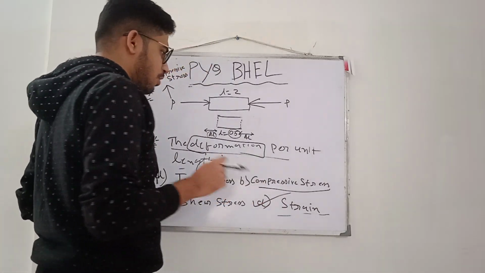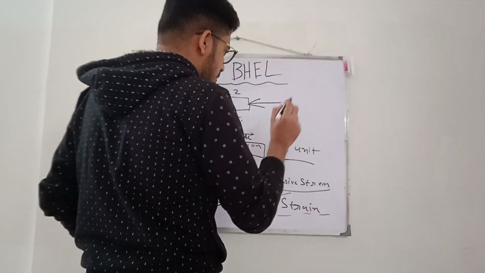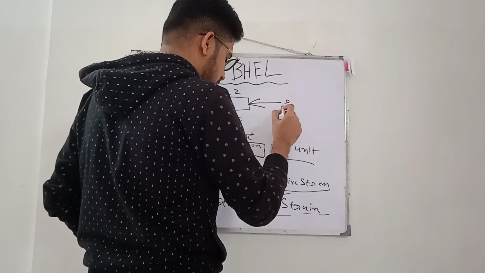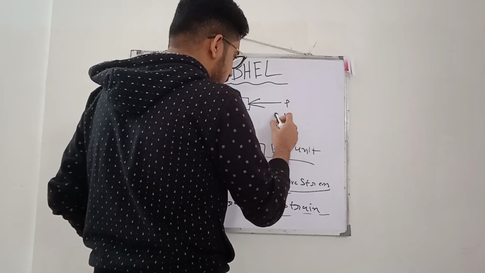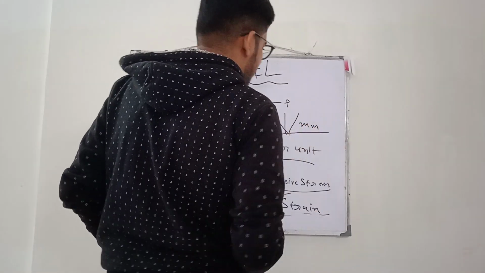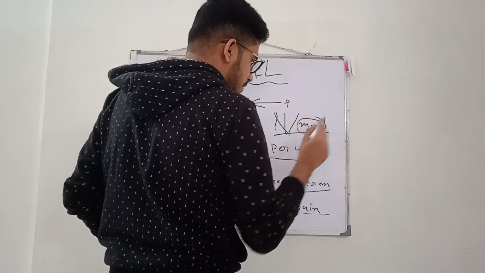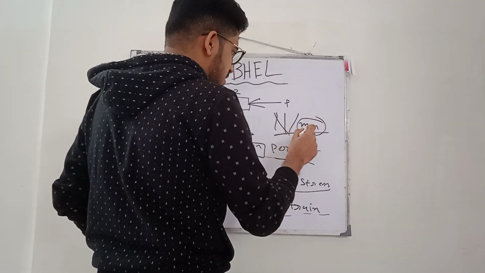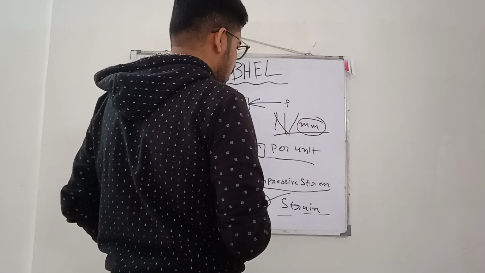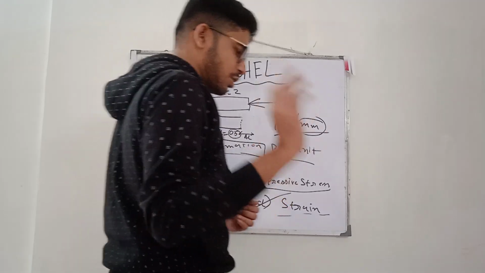So I hope you all understood. That means deformation per unit length. Its unit will be Newton per mm. We use mm in strength of materials as the measurement unit. Oh, sorry, not Newton per mm.